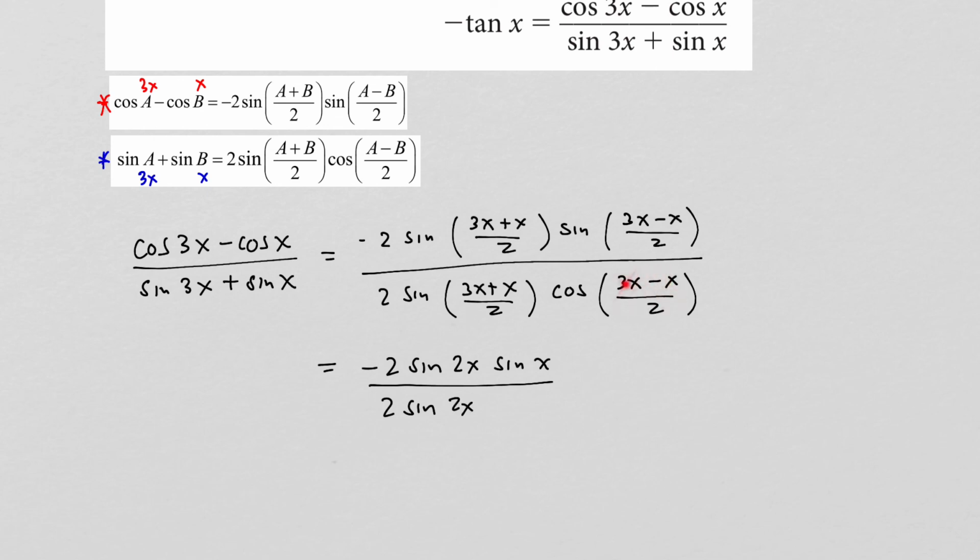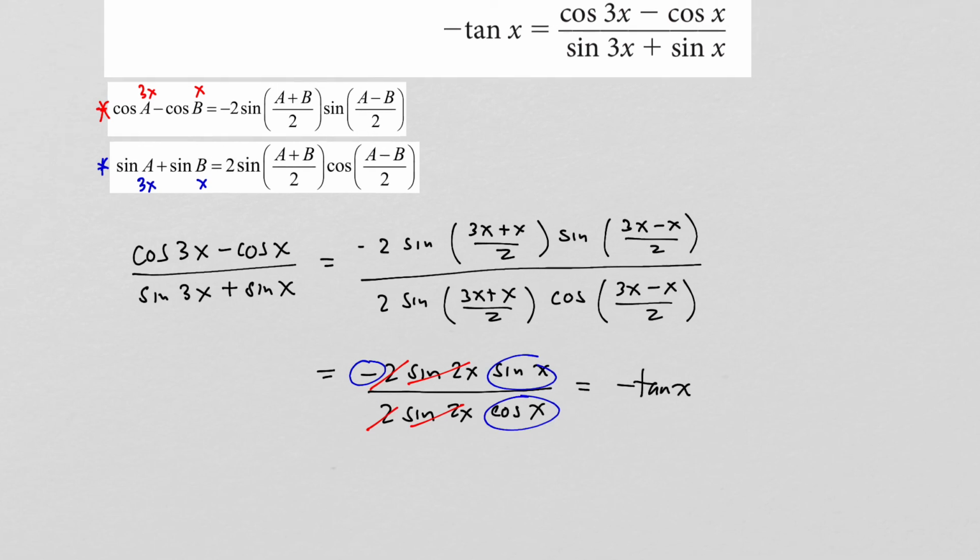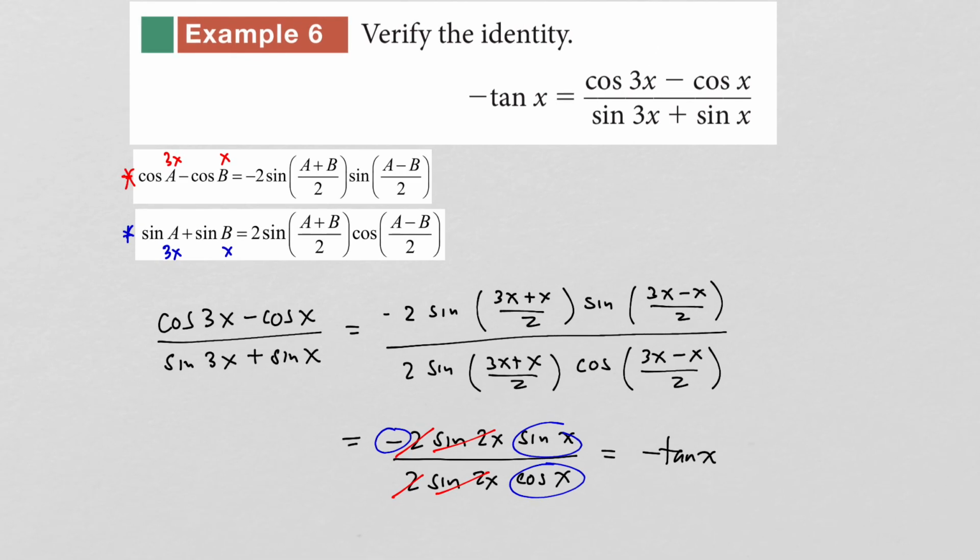And in the second one, this is cosine of x. And now you can see that the sine of 2x cancels, the 2 also cancels, and what you have left is negative sine over cosine, and that is negative tangent of x. And so we have verified that this expression here is equal to negative tangent of x.